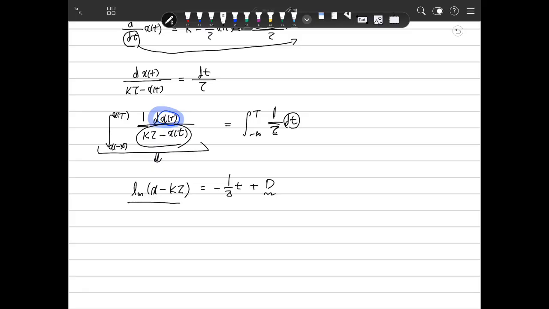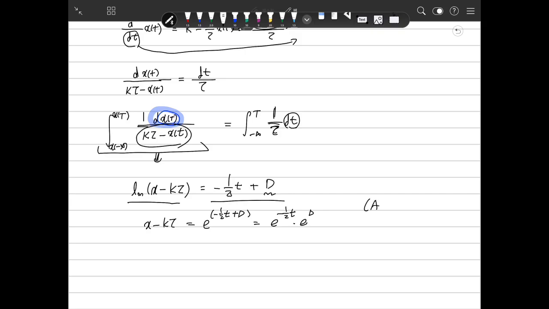So to get x(t), x minus k tau is exponential of minus 1 over tau t plus d, which is exponential minus 1 over tau t times exponential d.